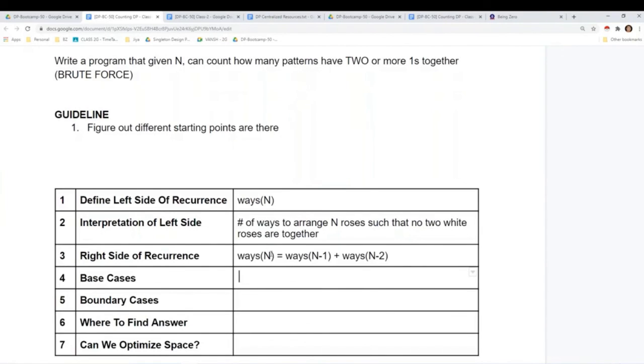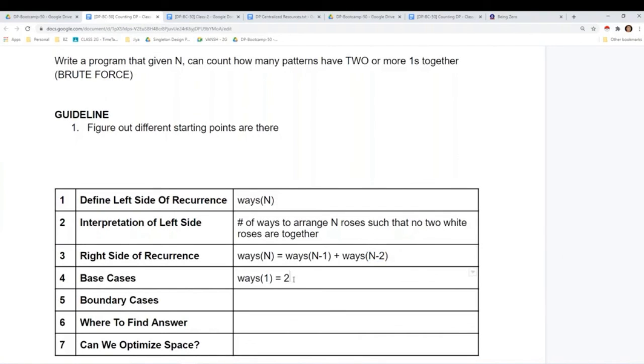For n equal to 1, the answer is 2. And if we know the answer for 1, can we calculate 2 using the recurrence relation? If I put 2 here, it will be 2 minus 1, 2 minus 2. 2 minus 2 will become 0. So we don't know ways of 0, right?